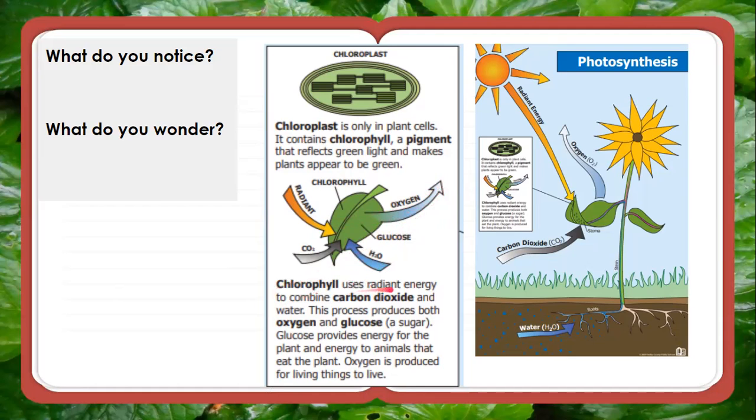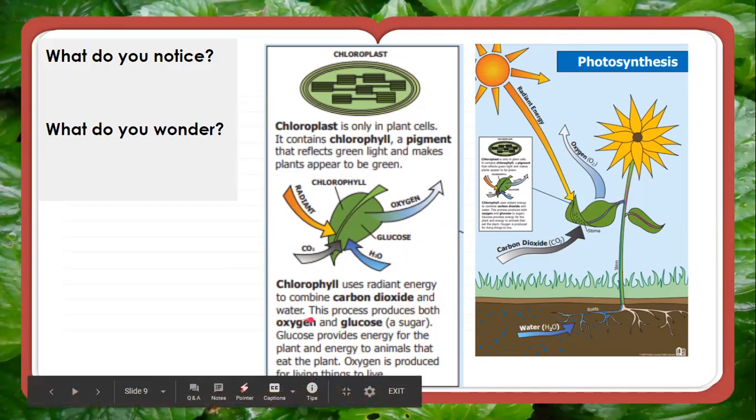Chlorophyll uses radiant energy to combine carbon dioxide and water. This process produces both oxygen and glucose, a sugar. Glucose provides energy for the plant and for animals that eat the plant.